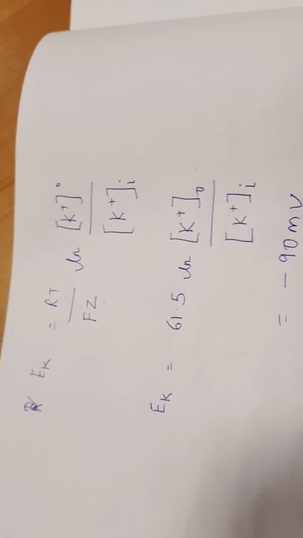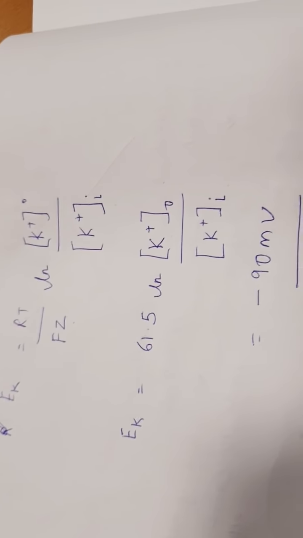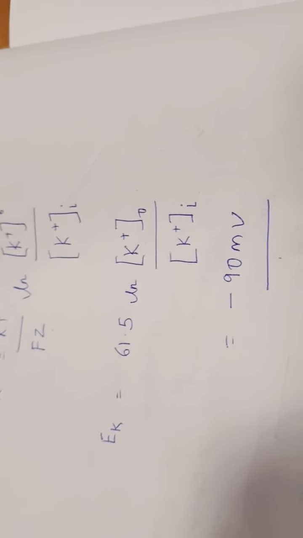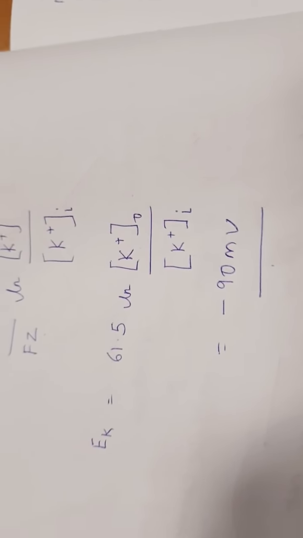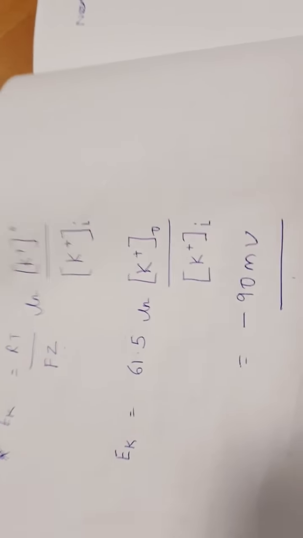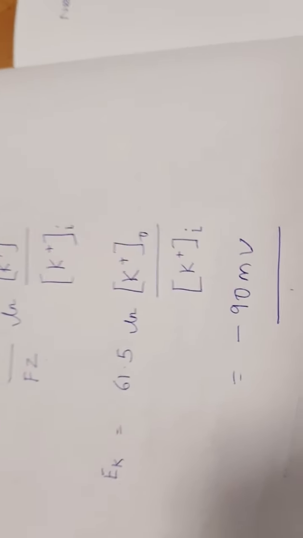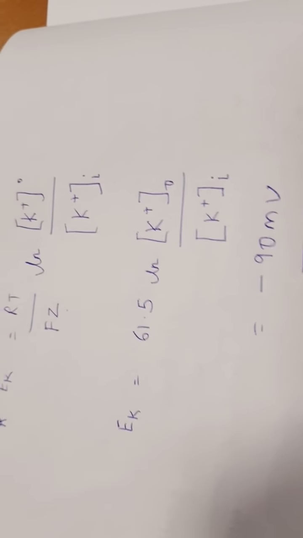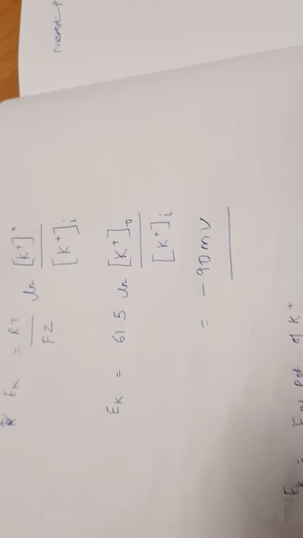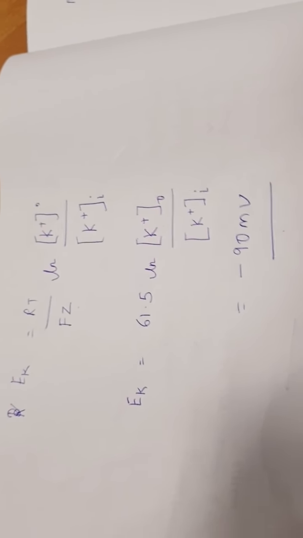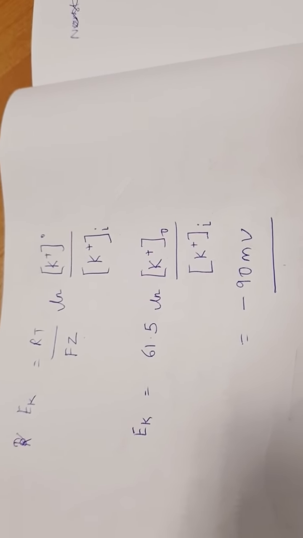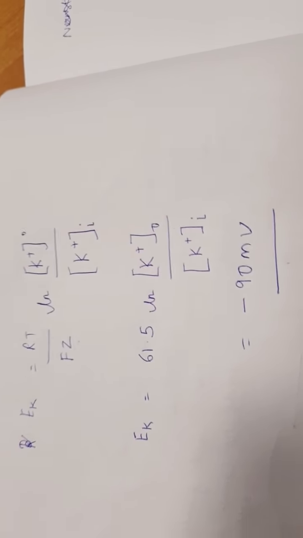So here we calculated the equilibrium potential by the Nernst equation. For the Nernst equation calculation, we consider that the membrane is permeable only to that particular ion. It is impermeable to everything else. To calculate the equilibrium potential or Nernst potential of potassium, we have to assume that the membrane is permeable only to potassium.